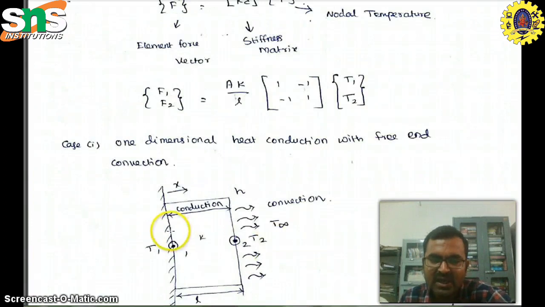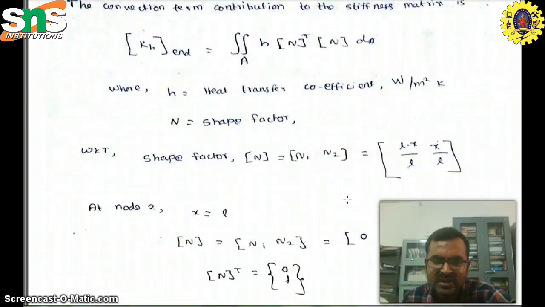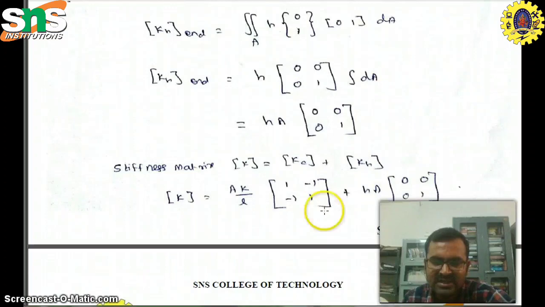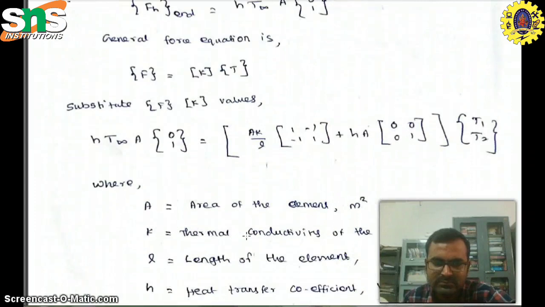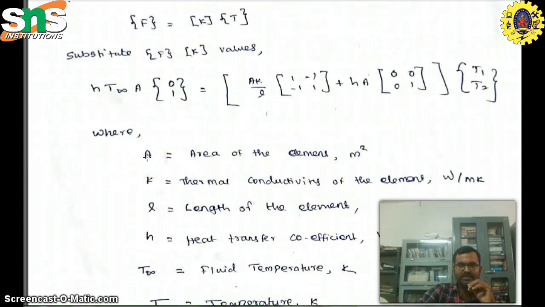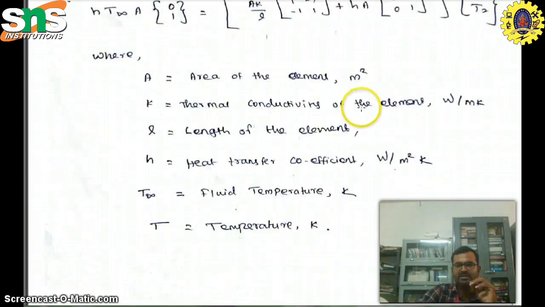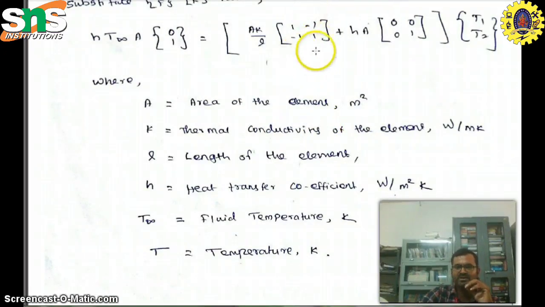We can derive this equation and use these relations. The first case, conduction with free end convection, gives H T infinity A times 0 1, which is equal to AK divided by L times the matrix 1 minus 1, minus 1 1, plus HA times the matrix 0 0, 0 1, times T1 and T2.